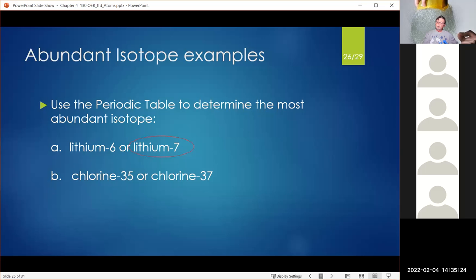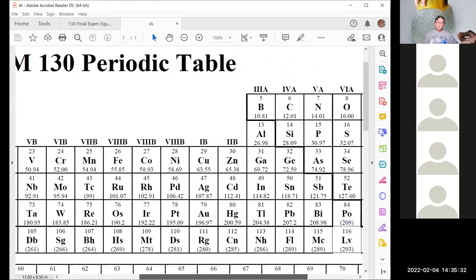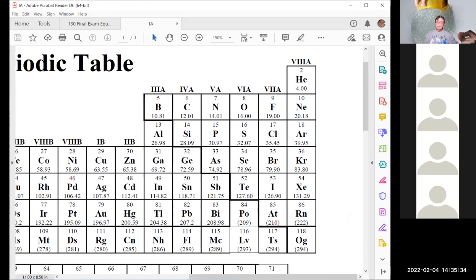Chlorine 35 or chlorine 37, we do the same thing, periodic table, okay? Go find chlorine, which is number 17, right here. And that has the atomic weight of 35.45. Round that, it becomes 35.